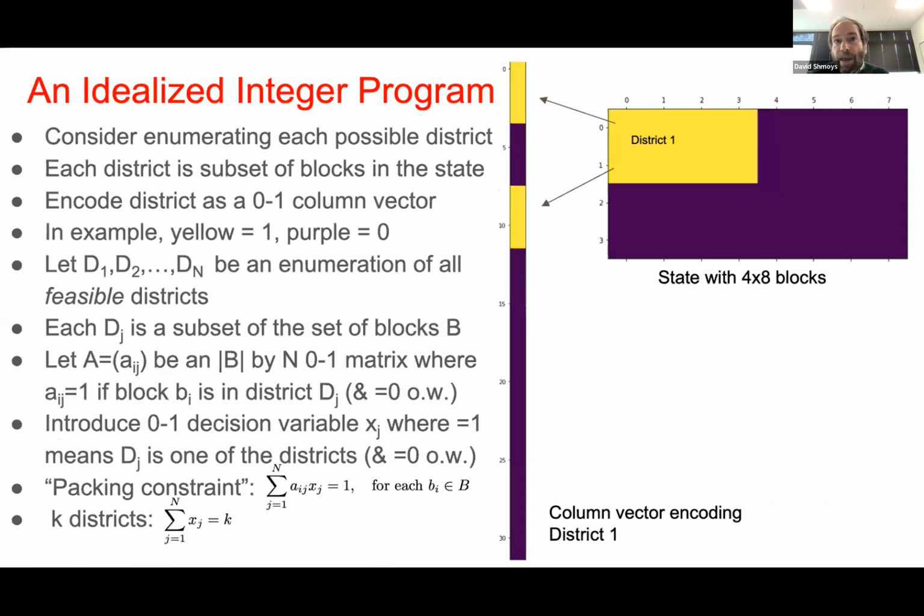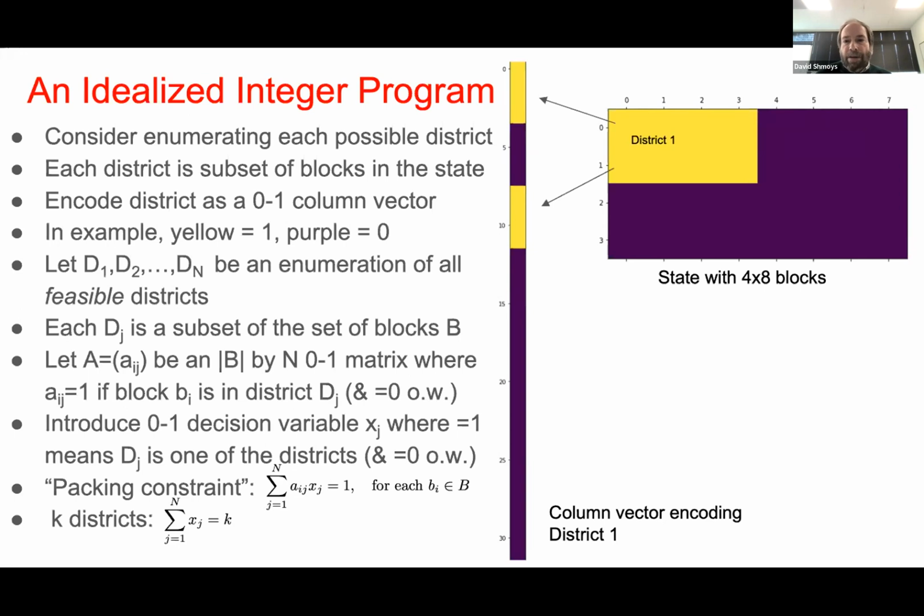I'm going to live squarely within the optimization world. And I want you to immediately think about what I'll pose as an idealized integer programming formulation. To get you into the right spirit, think about the following very simple stylized state. It's a state that has 24 precincts, perfectly rectangular, that we want to divide into 4 districts.